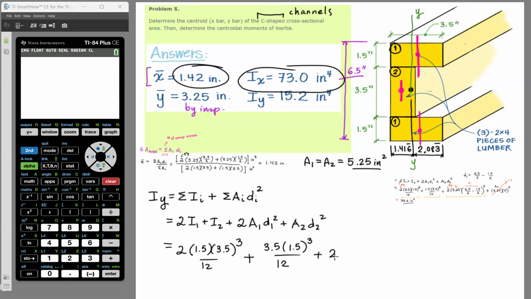Okay, next term, 2. My area is 5.25. We did that a little earlier. Saves me a couple clicks in the calculator. And D1 squared. All right, so I want to figure out this small dimension between the overall y-axis and the parallel axis of shape 1. How are we going to do that?